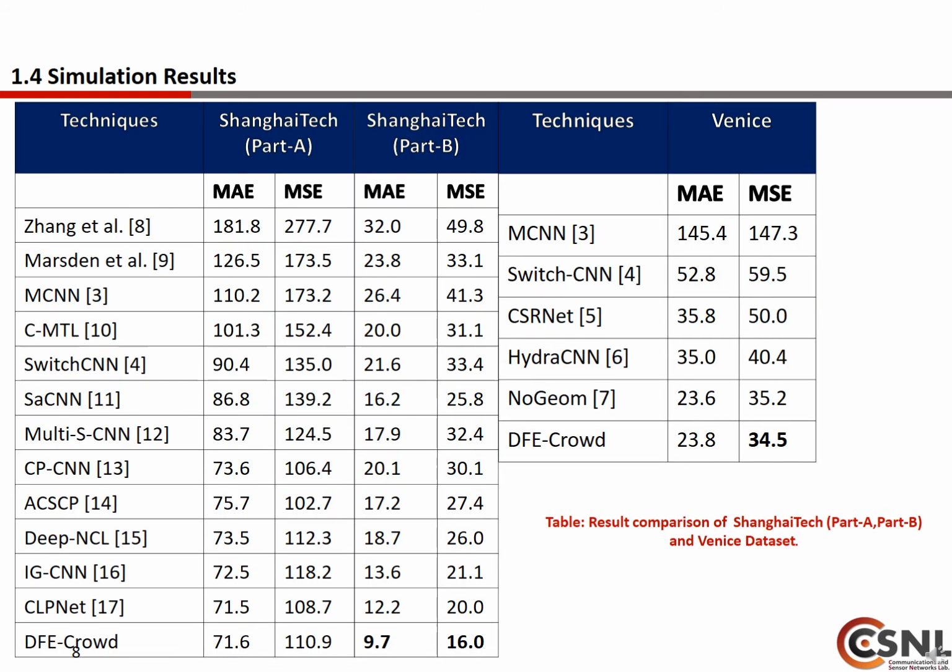You can see in this table that we have a comparable performance of DFE crowd on the Shanghai Tech Part A and Shanghai Tech Part B, whereas we outperform the state-of-the-art algorithms on the Venus dataset.